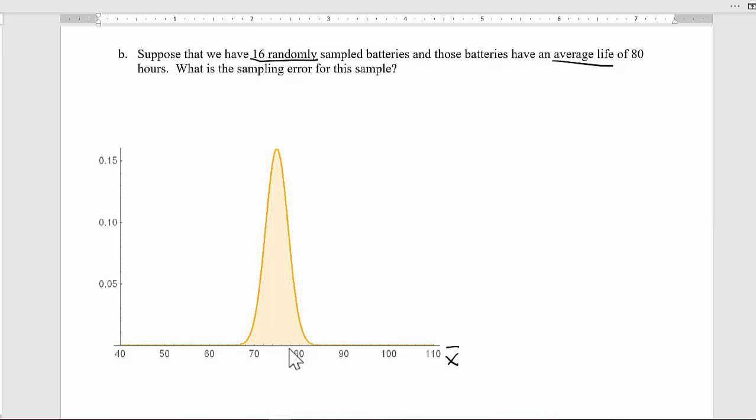So if I average 16 randomly selected values together, I have this chance that I could get 70 or 72 or 79, and so on. But you notice it's much less likely to be out here at 65 or out here at 85. An individual battery has a pretty good chance of being way out there, but averaging 16 batteries together, it's much less likely to happen.